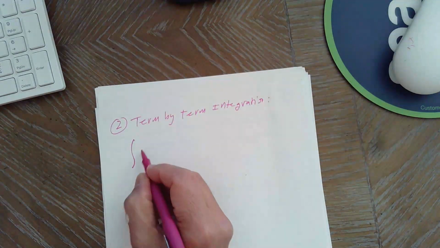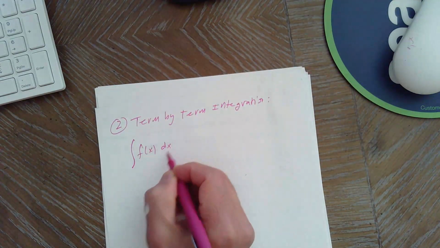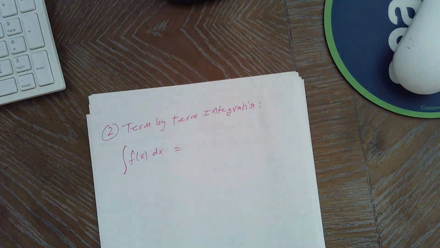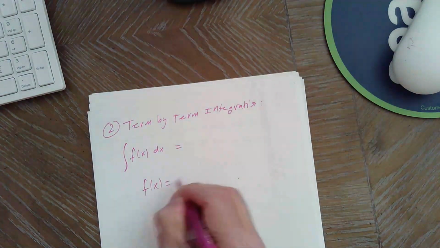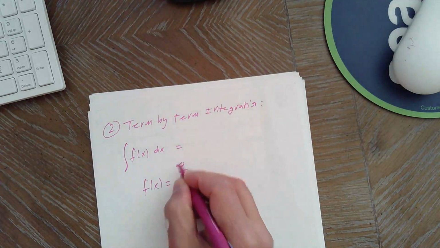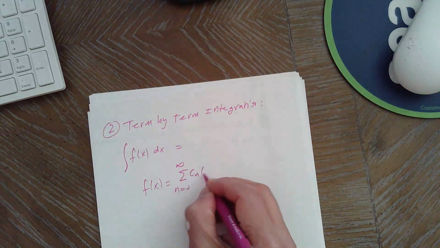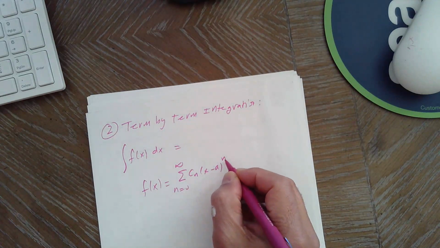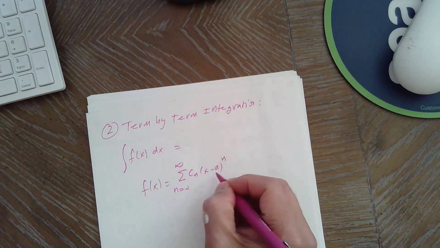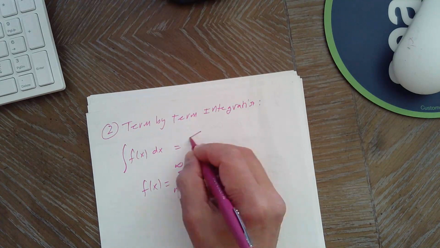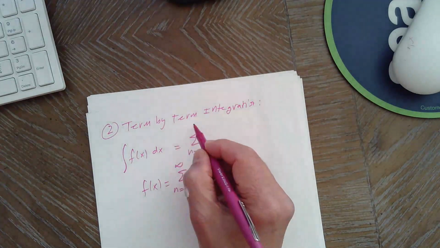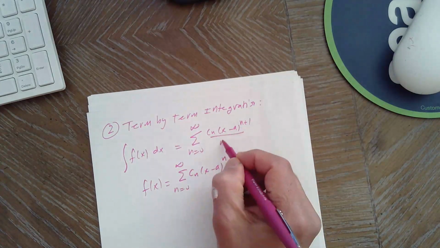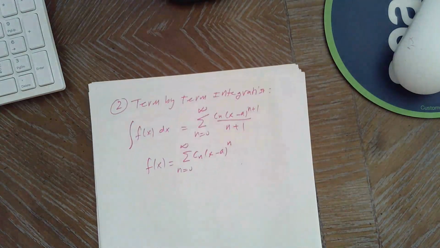The integral of f of x dx is going to be, again, you're going to integrate. Remember, f of x is the sum from n equals 0 to infinity of cn (x minus a) to the n. So you're going to add 1 to the power and then divide by the new power. So it's going to be the sum from 0 to infinity of cn (x minus a) to the n plus 1 over n plus 1.